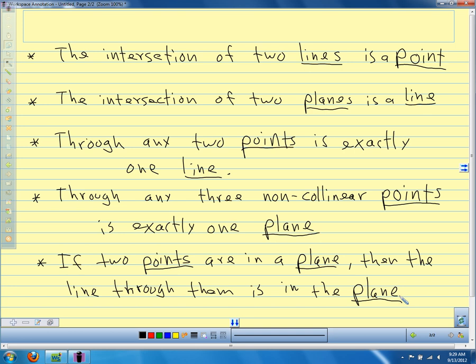So these are 5 of our starting postulates, the postulates that we're going to start with in geometry. And the really cool thing, I talked about Euclid the other day. Euclid started with a very small number of postulates. And he built all of geometry using logic on top of these postulates. So the postulates are our foundation, the postulates and our undefined terms, and we build this big structure of geometry all from these basic ideas.